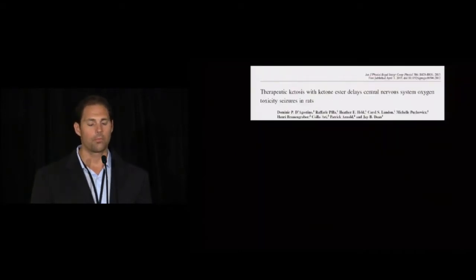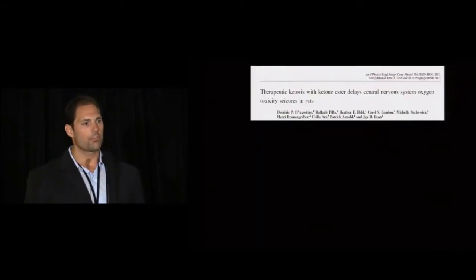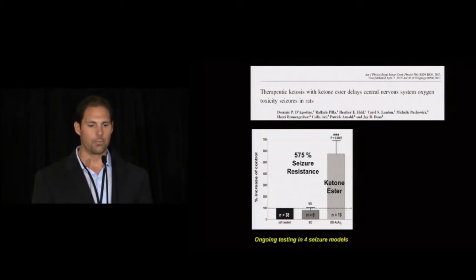With a single administration, there is also a dose-dependent, sustained increase in the blood levels of ketones for over 8 hours. In a recent study, we've demonstrated that therapeutic ketosis with a ketone ester can delay central nervous system oxygen toxicity seizures. With a single administration, we found that the latency to seizure can be delayed up to 575%.